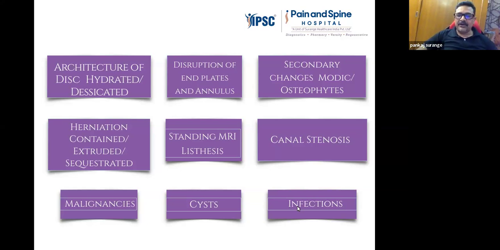Because as we know, tubercular sacroiliitis is not uncommon in India. So we must do an MRI before doing any interventions. Okay. Here in IPC, we always do MRI. Without MRI, we don't do anything. We don't touch the patient.